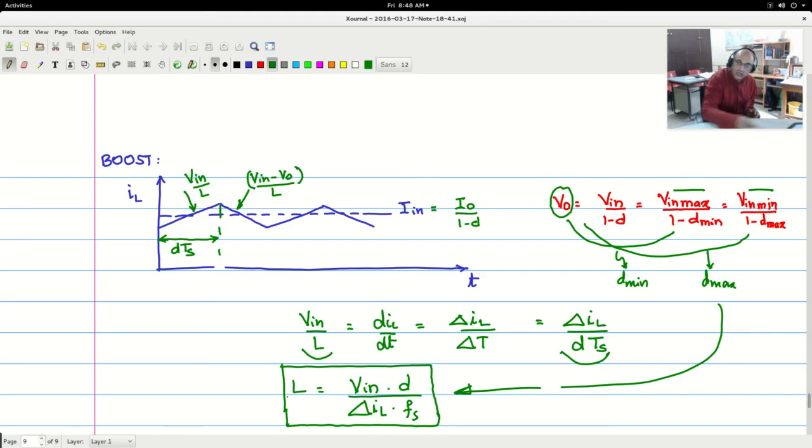Now that would give you the design equation for the inductance. Keep in mind now that we have only found the value of L, but we have not yet made the L, where you will need to have a magnetic core and you will have to calculate the number of windings and the air gap to be introduced to actually manufacture the inductor with the magnetics.